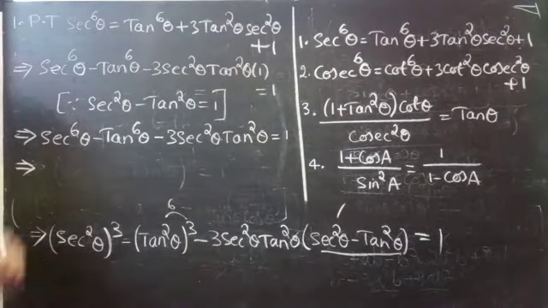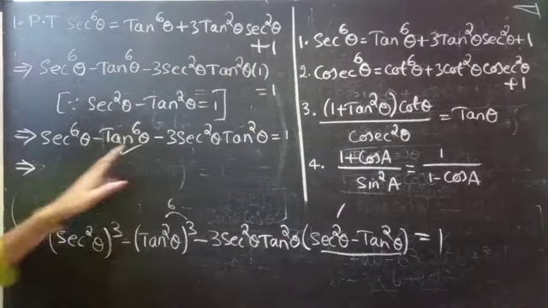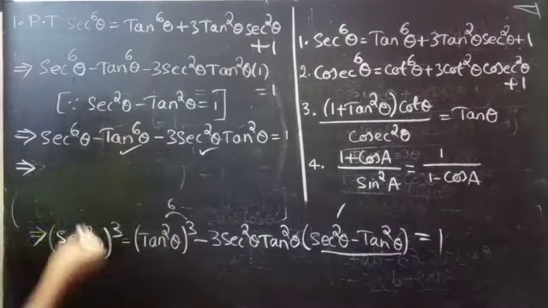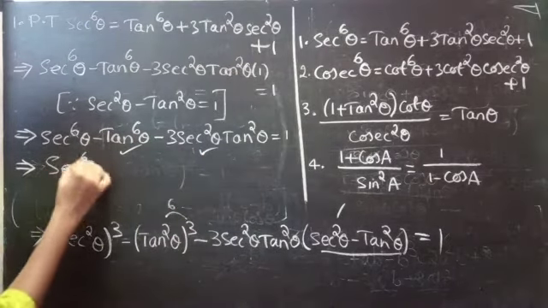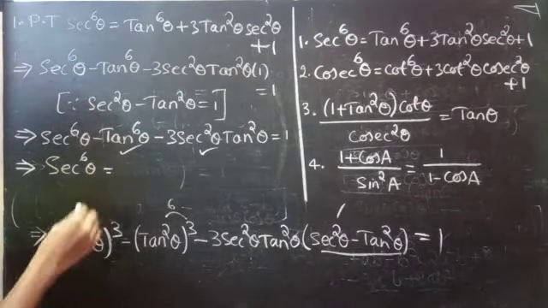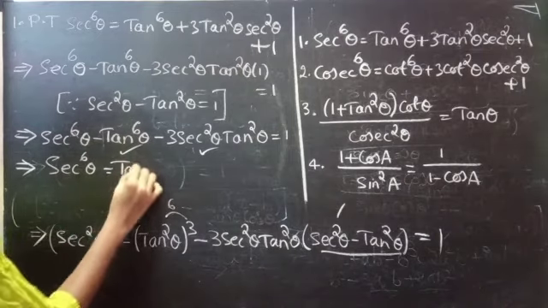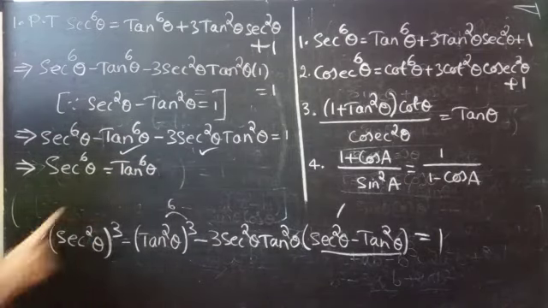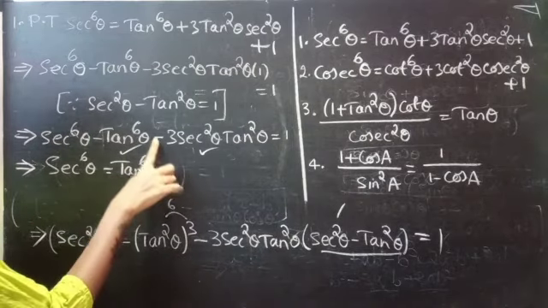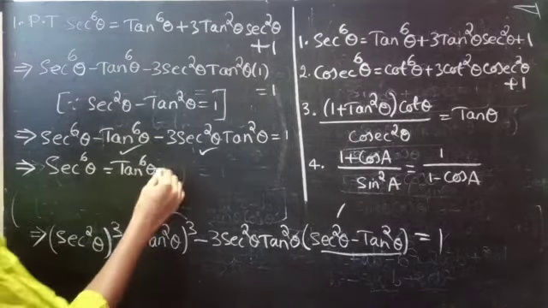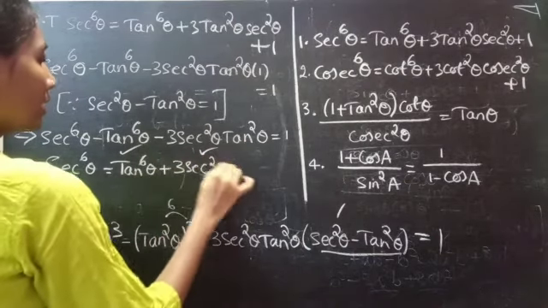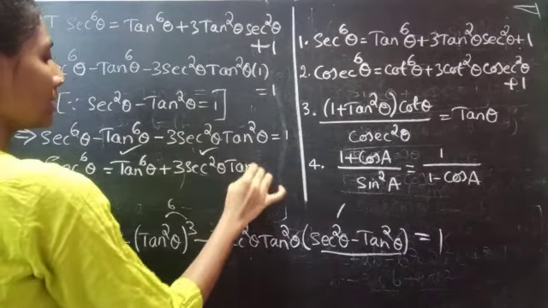So now you'll take this tan power 6 theta and this term, these two terms to right hand side. Then you'll get secant power 6 theta equals to, since you're having minus, if you take it to RHS, minus will change to plus. This also, you're having minus, it will become plus into 3 secant square theta tan square theta.